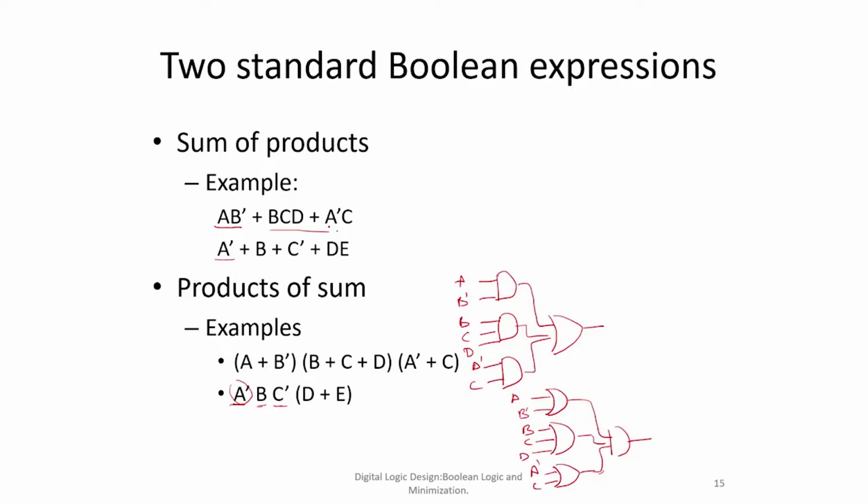So here also it is the case, 1, 2, 3, 4, 5, 6, 7. So 7 is the number of literals and the total number of terms are 3. So the total complexity of both of these are essentially same. Okay, so that is why we try to represent most of our equations either in the form of sum of products or product of sum.